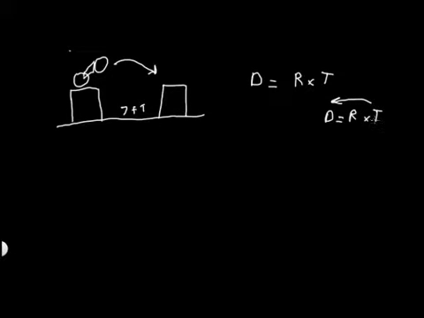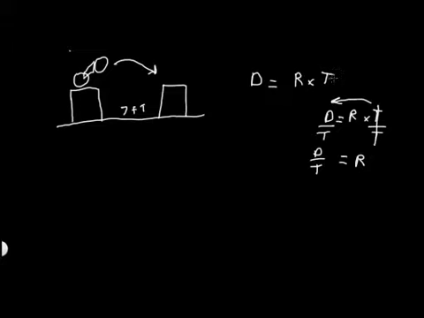Here it's a multiplication, r times t, so you would divide both sides by t. The t divided by t becomes a 1, so you're left with r is equal to d over t.